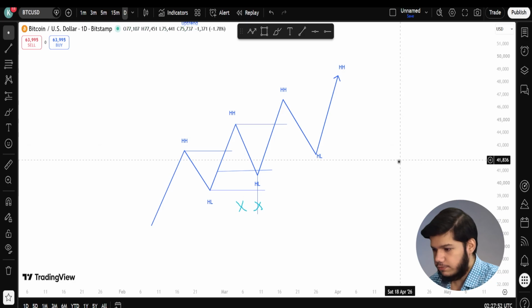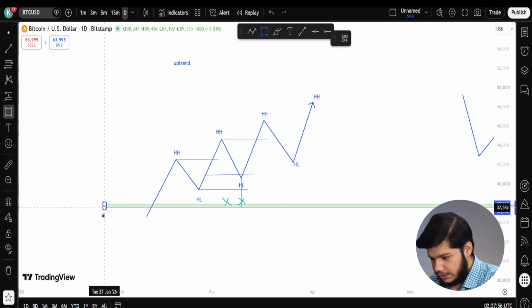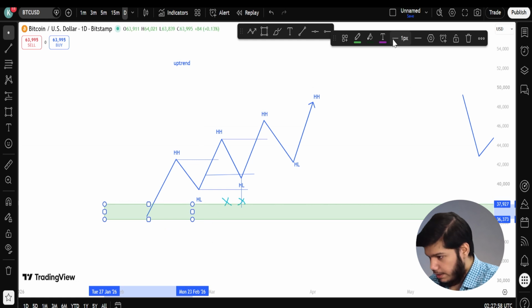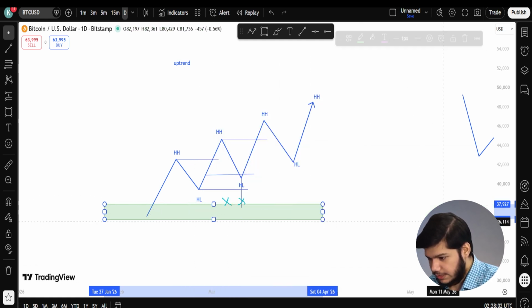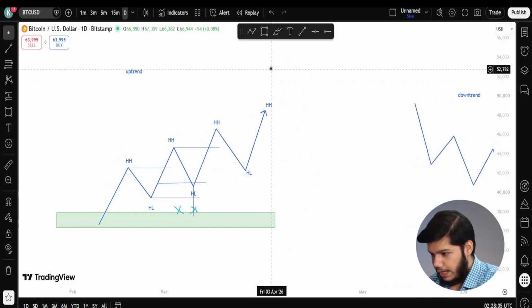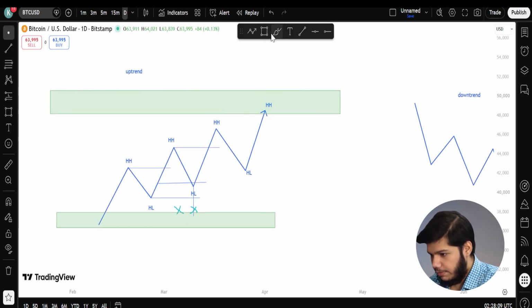There's a concept of support and resistance as well. Let's assume there's a support level right here. Let me make it non-extended. Okay, this is a support level right here, and there is a resistance resting right here. Let me make it red.